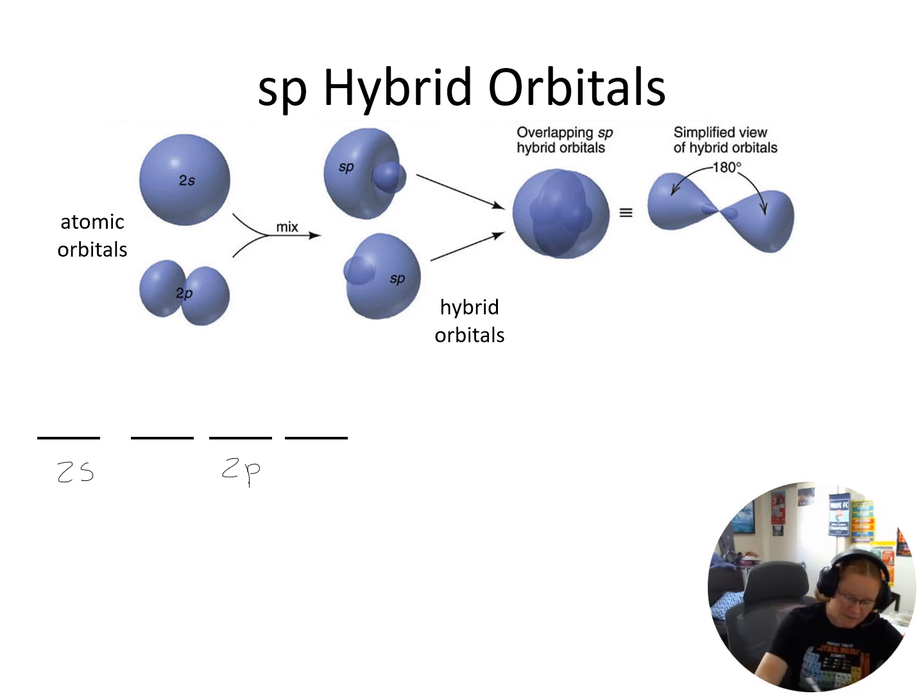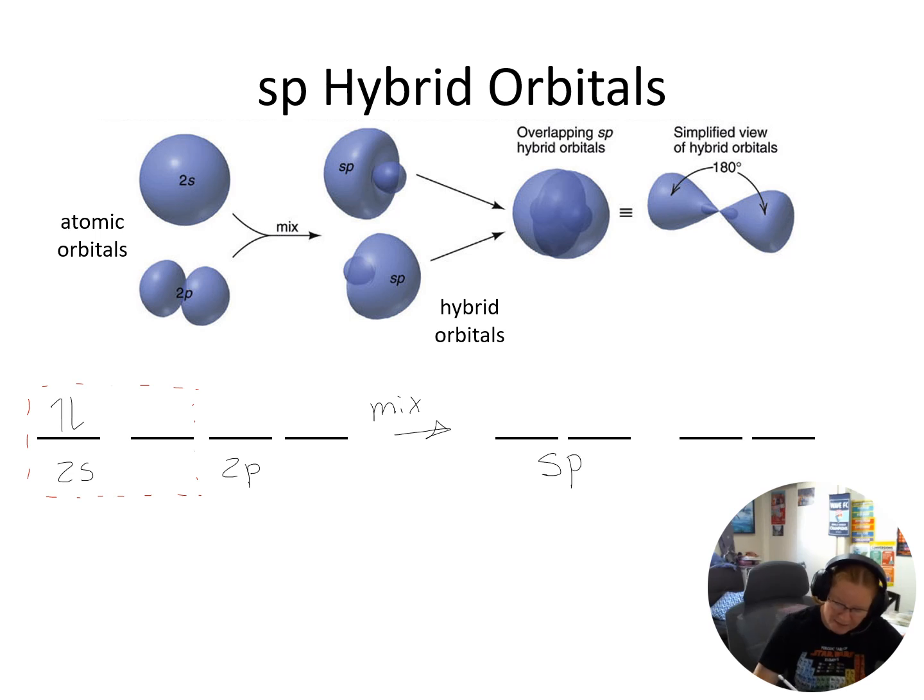So let's say I have something that only has 2 2s electrons. I only need 2 places to put things. So I'm going to grab an s and I'm going to grab 1 p. And what I'm going to get is this mixing, and I'm going to get an sp hybridization here.